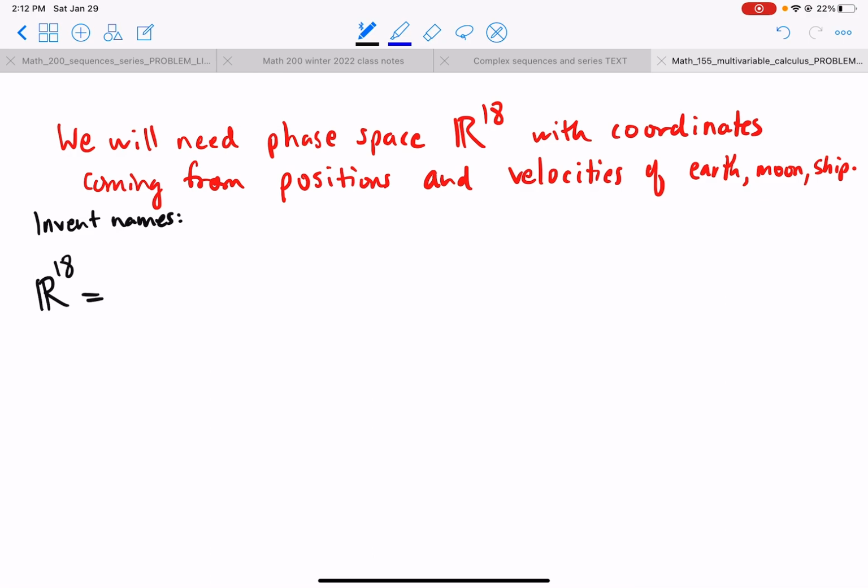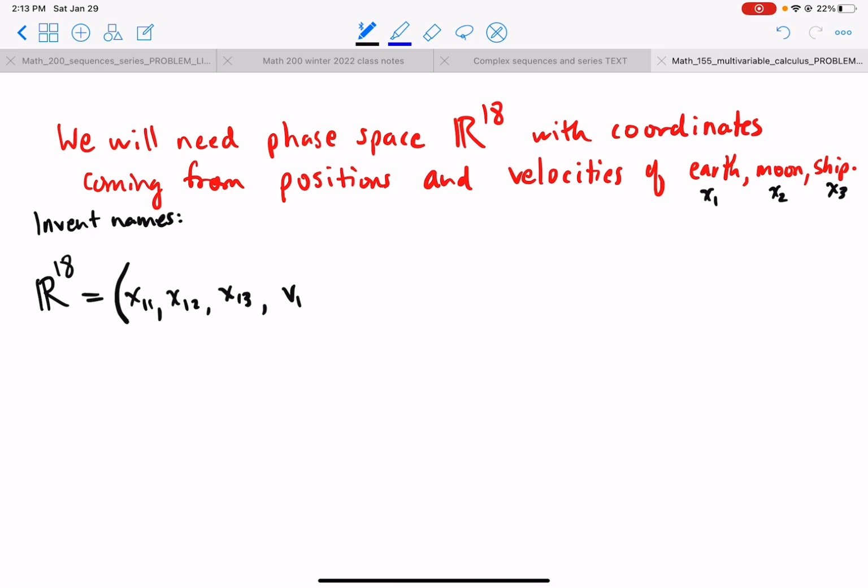So our copy of R18 will be all the points like this: x11, x12, x13. Those will be the position of the Earth. So the Earth will sort of be x1, the moon will be x2, and the ship will be x3. Okay. So here is the vector x1, and I've given it 1, 2, 3 coordinates. Okay, and we also need the velocity of the Earth.